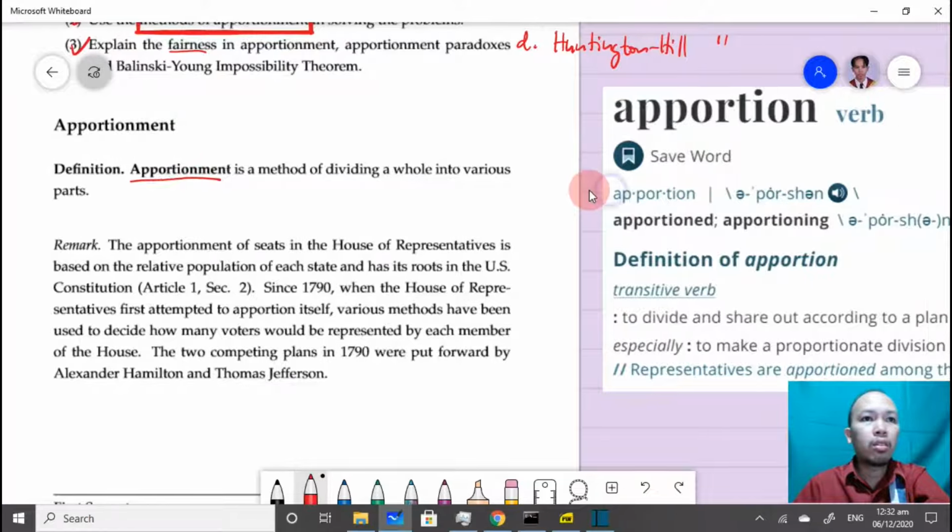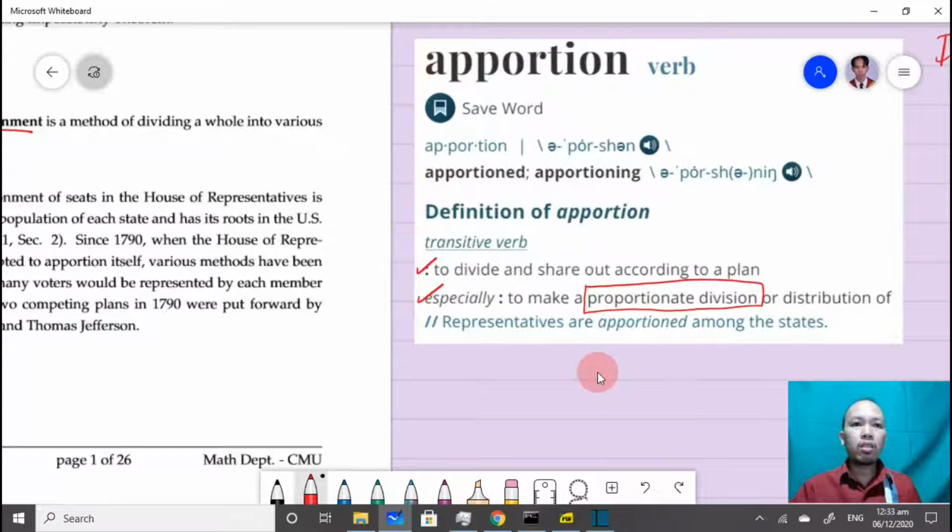It must be a proportionate division. The proper way of distribution of something should be proportionate.